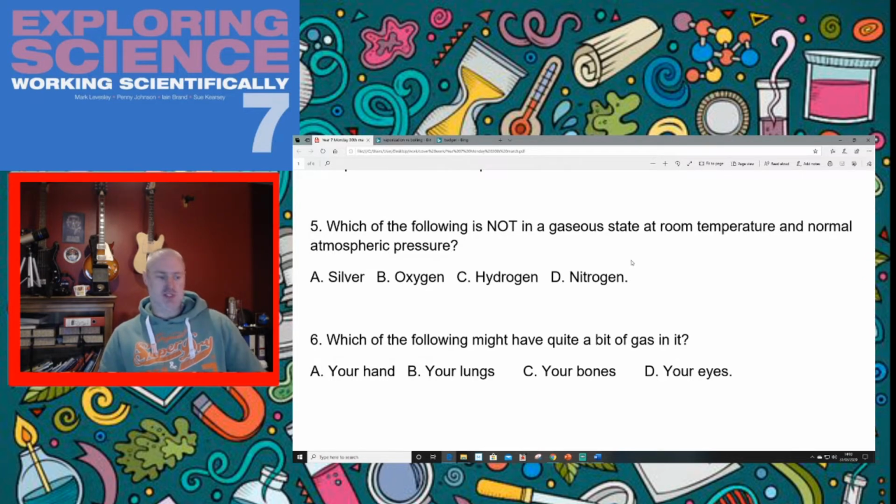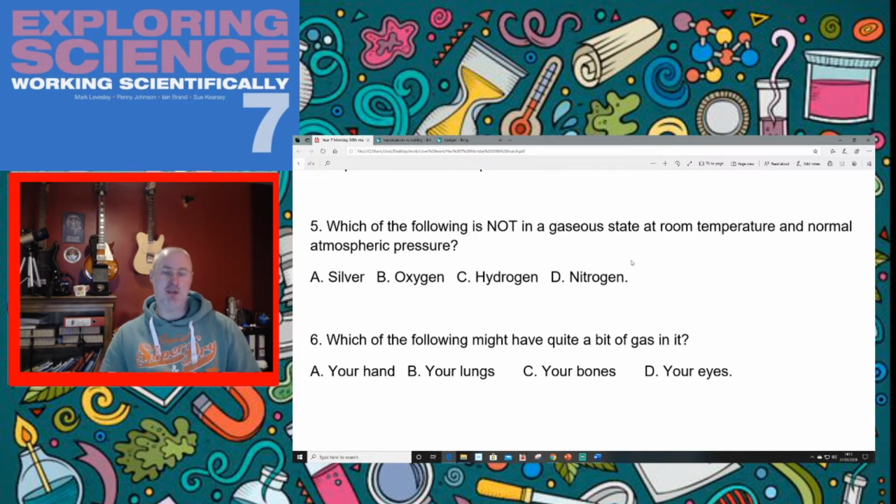Well, one of the things we looked at in our unit was properties, and we talked about boiling point and we talked about melting point. Now, when we look at properties, or boiling point as a property, that is the temperature at which something will become a gas. Now, a quick Google of these should have told you what the boiling point of each of the elements were.